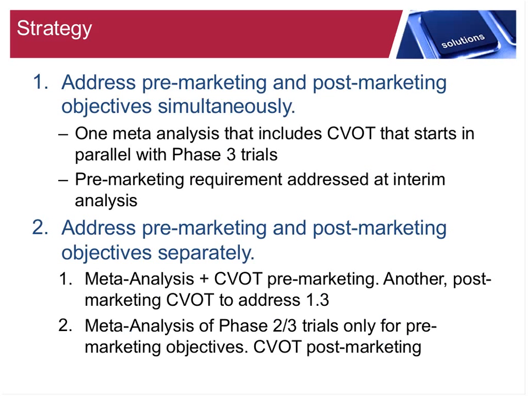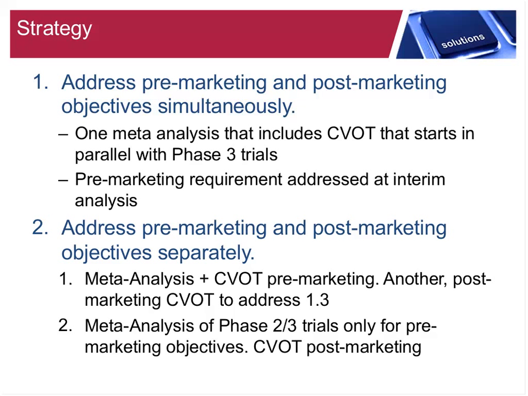With this approach, we will conduct one meta-analysis that includes the outcomes trial together with efficacy trials, and for the sake of this presentation, this trial will start in parallel with phase 3 trials. We can discuss some alternative strategies later. The pre-marketing requirement, or the 1.8 requirement, is addressed at an interim analysis, and the final requirement, which in this case would be 1.3, is the ultimate requirement.